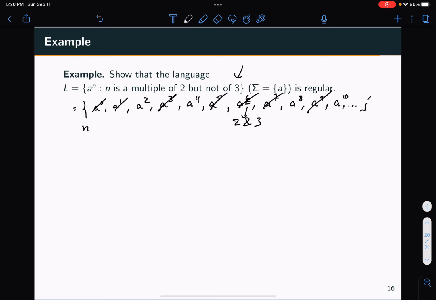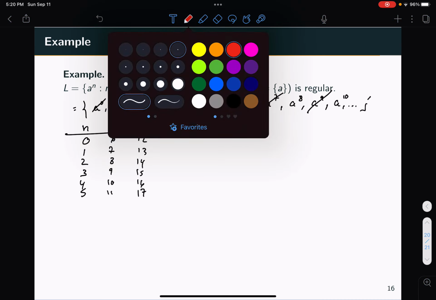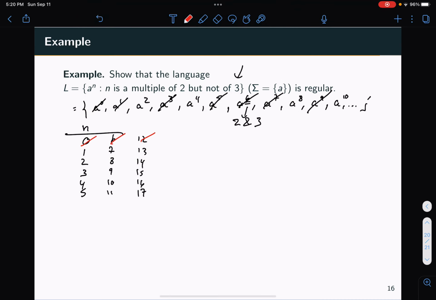It's going to be, say, n, so I'll have 0, 1, 2, 3, 4, 5, then 6, 7, 8, 9, 10, 11, then 12, 13, 14, 15, 16, 17. So this is never going to be accepted, because this is a multiple of 2 and 3.